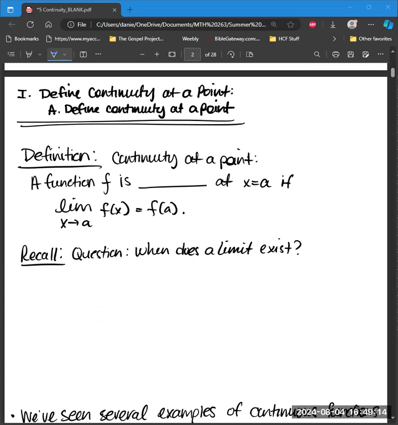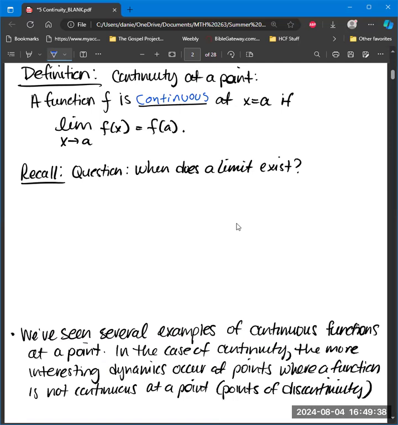So continuity at a point, let's start there, because we have to start with the discussion of continuity around a single point. So a function f is continuous at x equals a if the limit of f of x as x approaches a is equal to f of a. So when does the limit exist? Let's remember that.